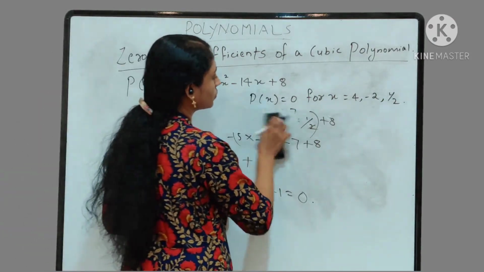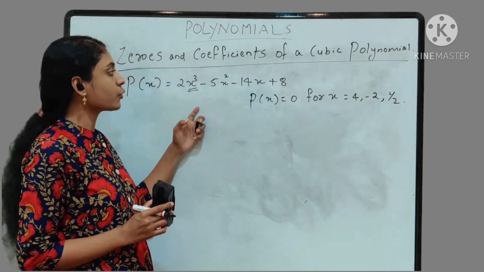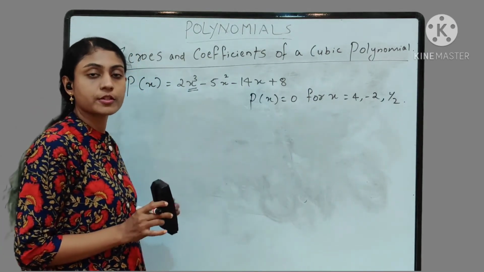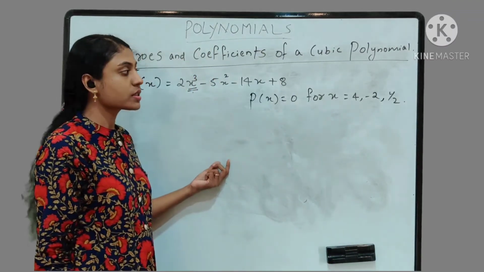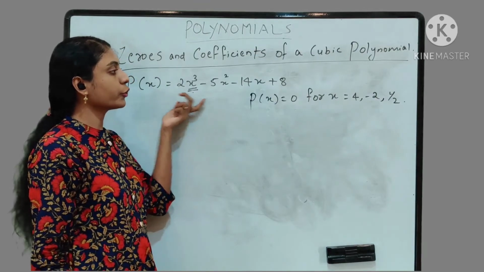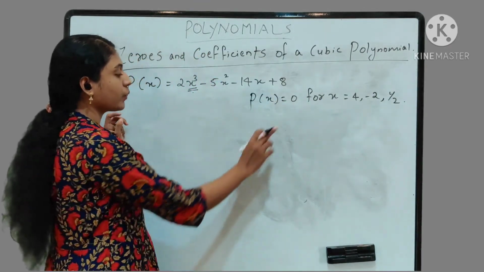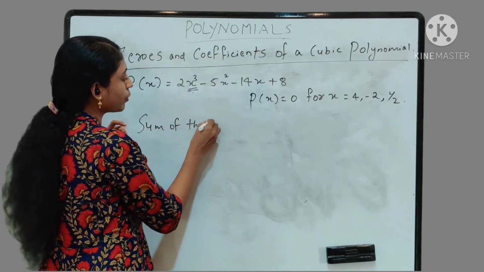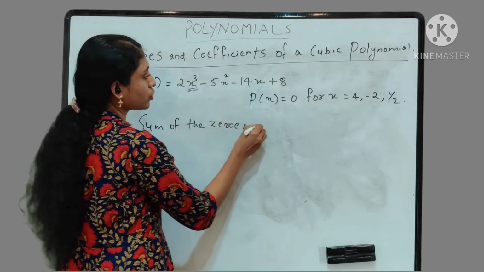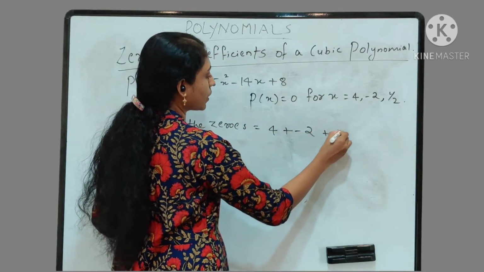Now, like that of the quadratic polynomial, we will have formulas for finding the zeros and coefficients of a cubic polynomial as well. We can check it out. We know the zeros of this particular polynomial are 4, minus 2 and plus 1 by 2, right? And what about the sum of the zeros? Sum of the zeros is equal to adding these 3: 4 plus minus 2 plus 1 by 2.